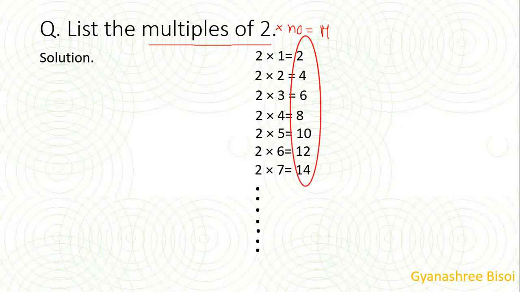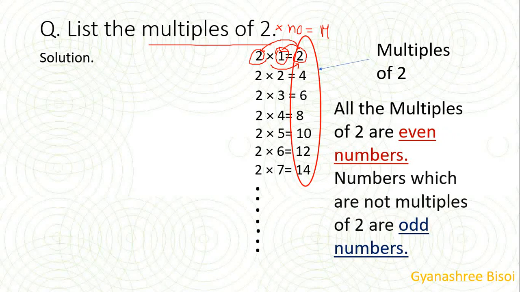So these are the multiples of 2, right? So 2 is a multiple of 1 and 2, right? And 2 and 1, these two are the factors of this multiple 2, right?